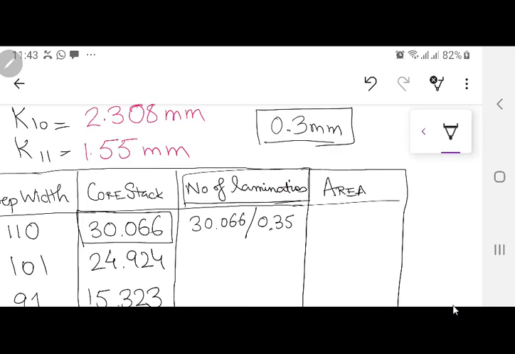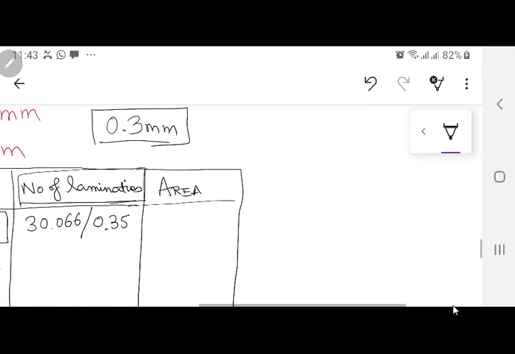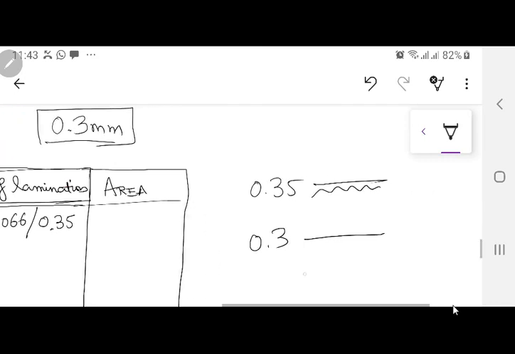Listen carefully: if with insulation it is 0.35, and 0.3 is the thickness of only the lamination without insulation, this means your stacking factor is equal to 0.3 divided by 0.35.